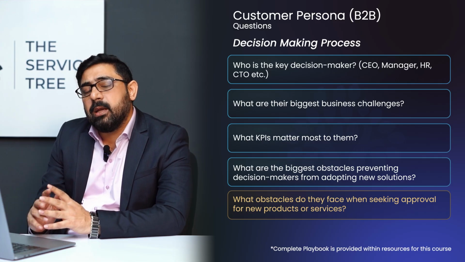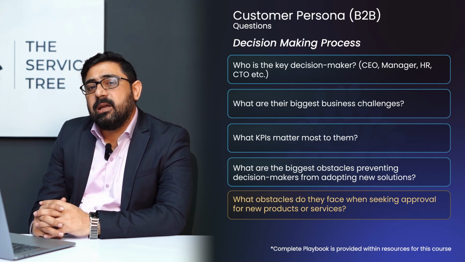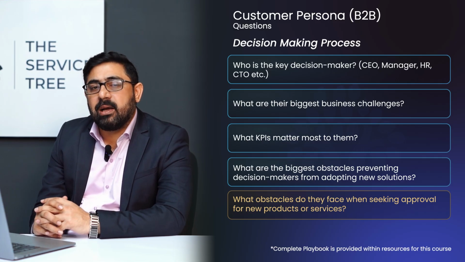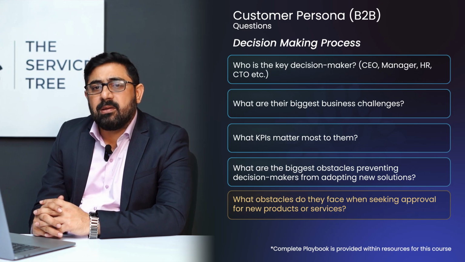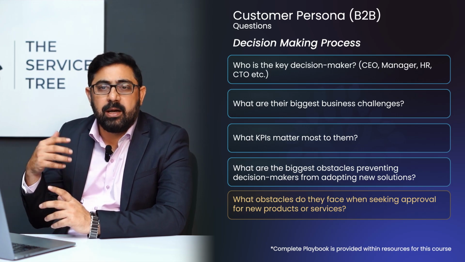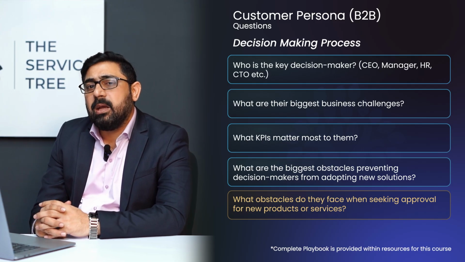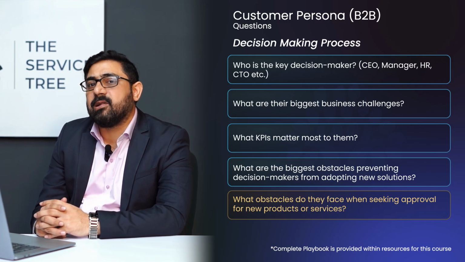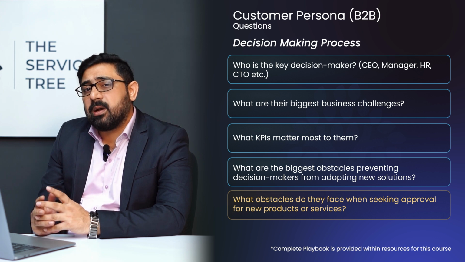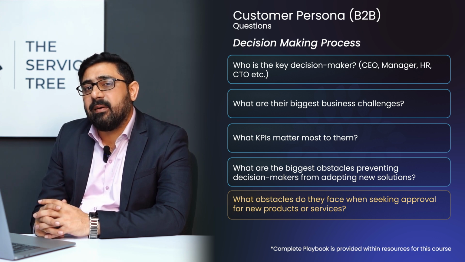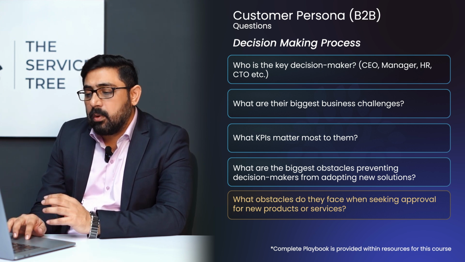So what does it mean? Within their committees or boards or organizational hierarchy, there might be certain challenges, or there might be some government-applied regulations or restrictions. Because of those, they may not be comfortable in buying solutions. So if a situation like this comes up, we will have to deal with it accordingly.